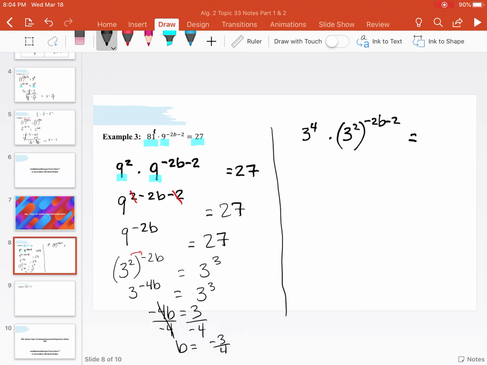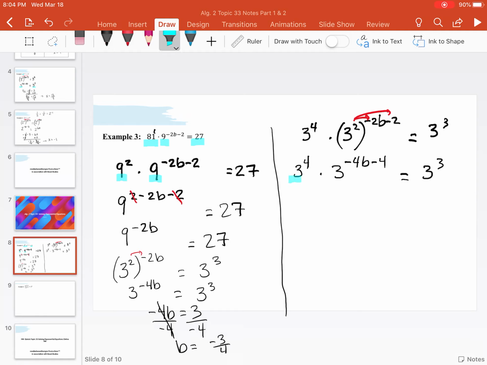And 27 is 3 cubed. So here, if we want to simplify this, we'd have to distribute that 2. Power raised to a power. So we get 3 to the 4th times 3 to the negative 4b minus 4 equals 3 to the third.